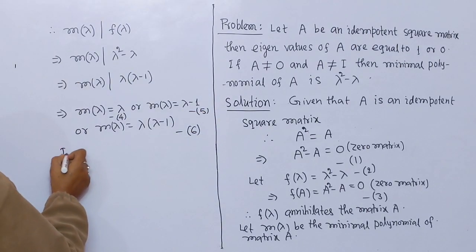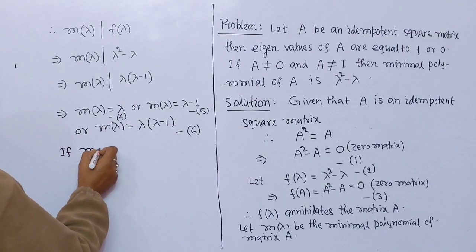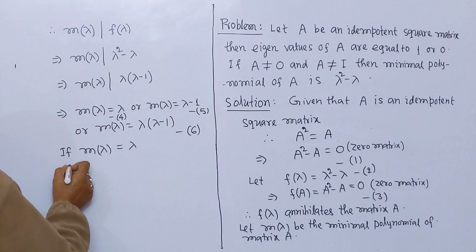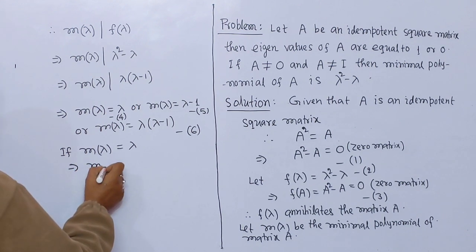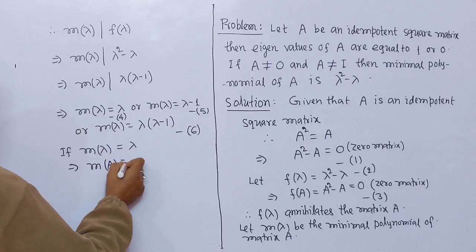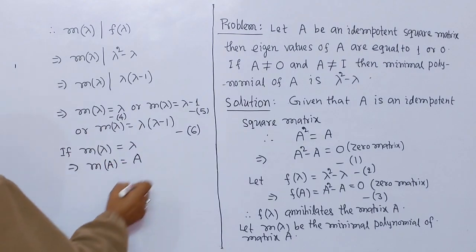If m(lambda) equal to lambda, this implies that m(A) equal to A. This is number 7.